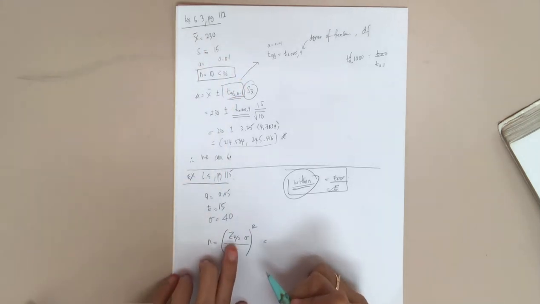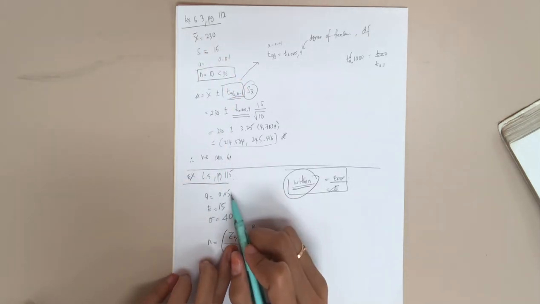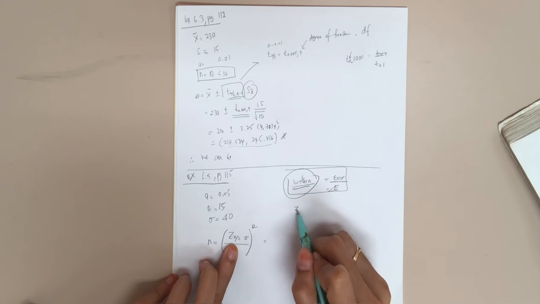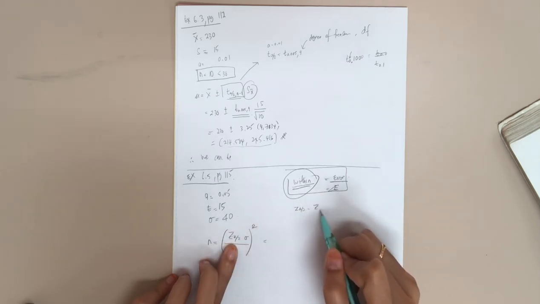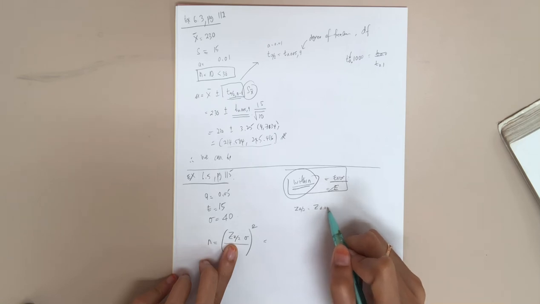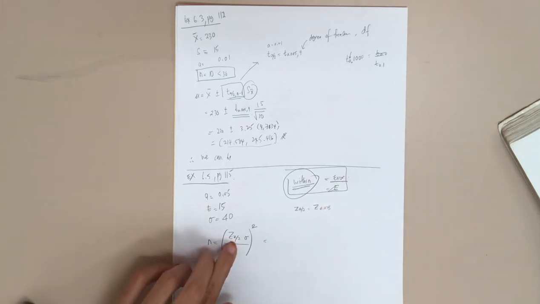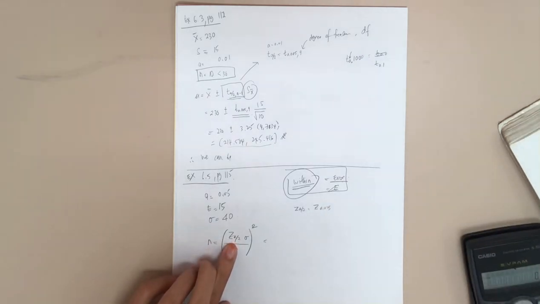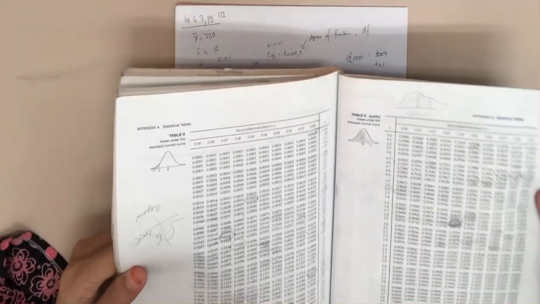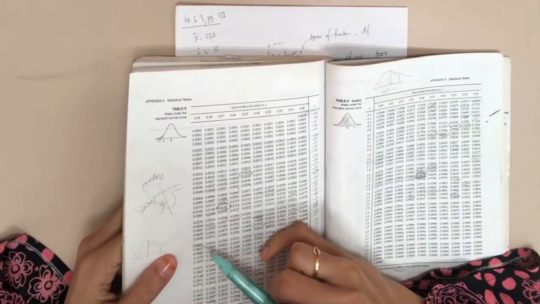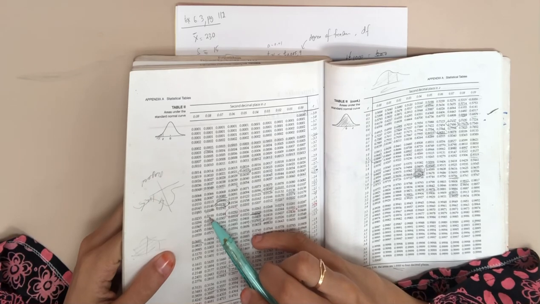To find this z alpha over 2, your alpha here is 0.05, so 0.05 divided by 2 is 0.025. So using the table again, find out where 0.025 is.